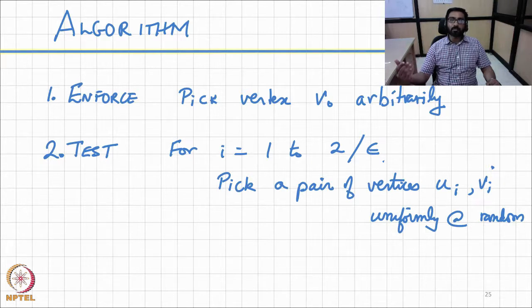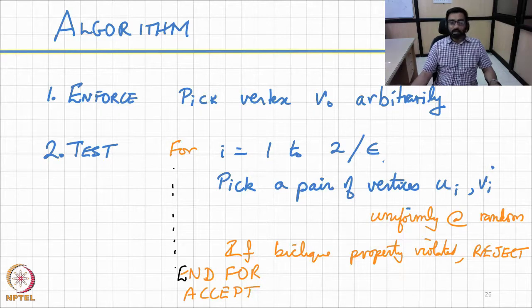We simply sample some theta of 1 over epsilon number of pairs of vertices. So we simply run a for loop from i equal to 1 to 2 over epsilon, and each iteration of the for loop comprises picking a pair of vertices ui, vi, and these are chosen uniformly at random.